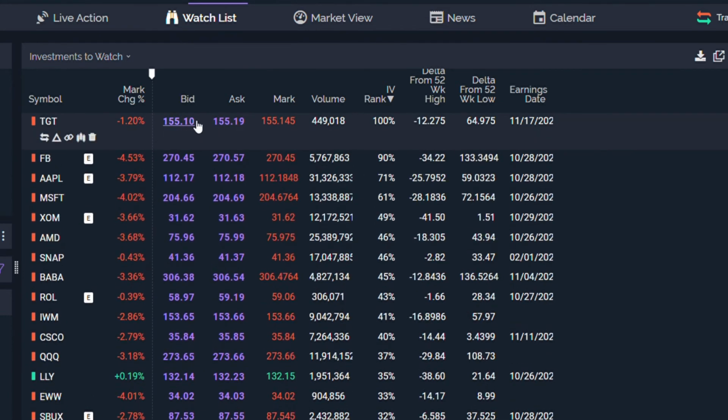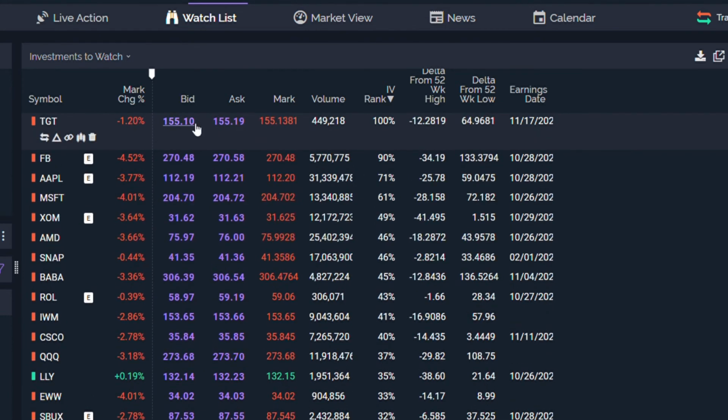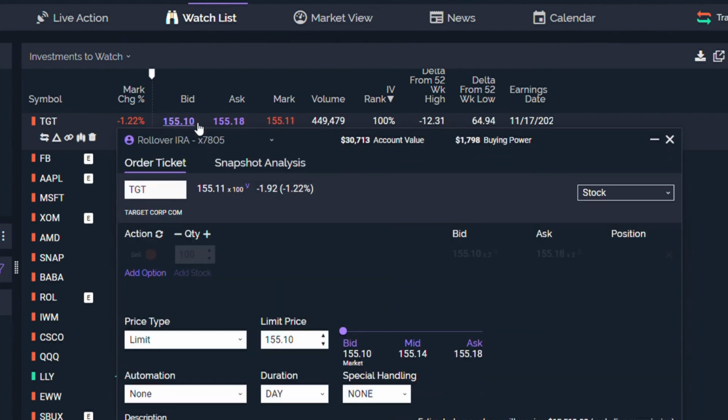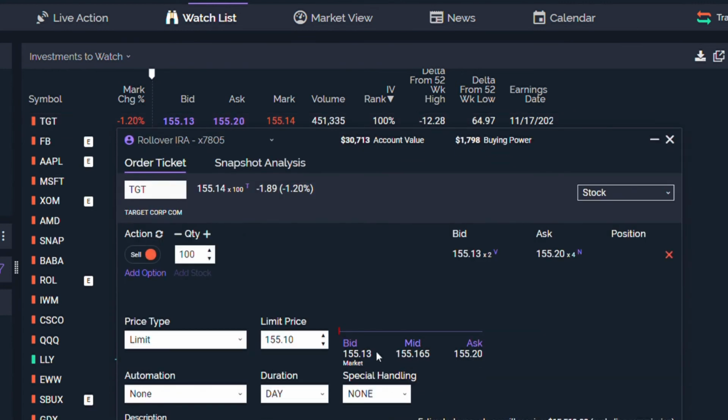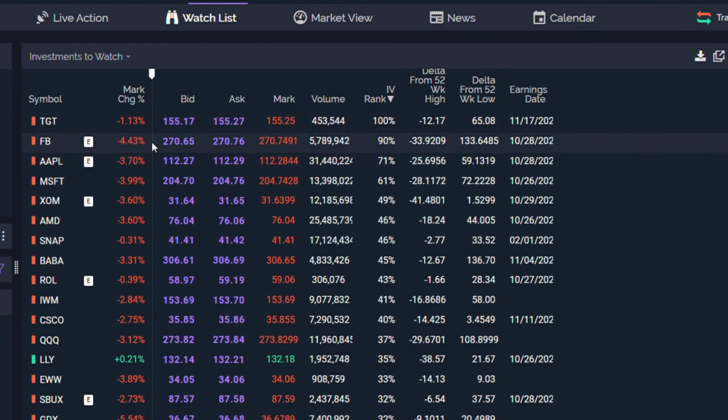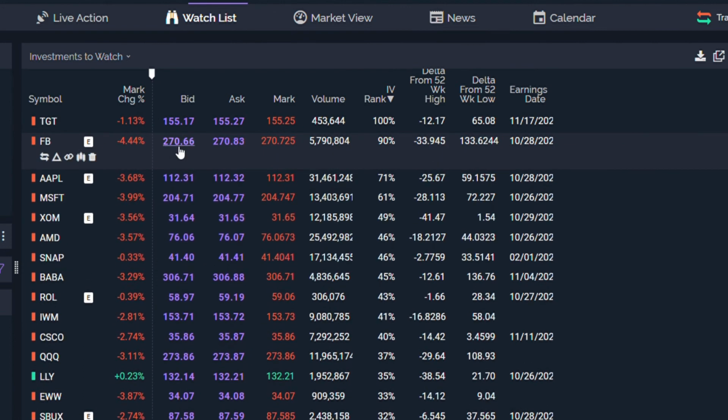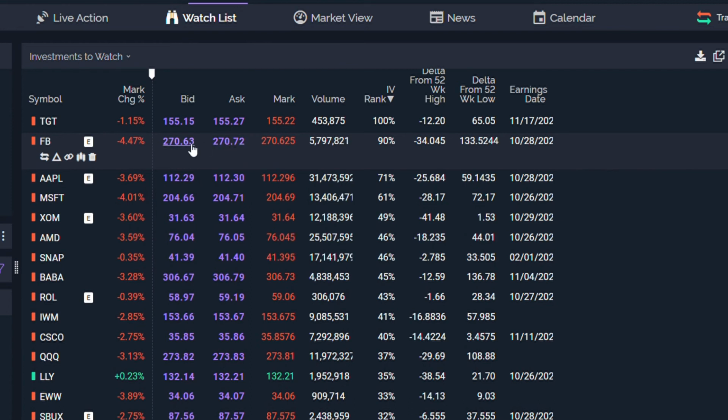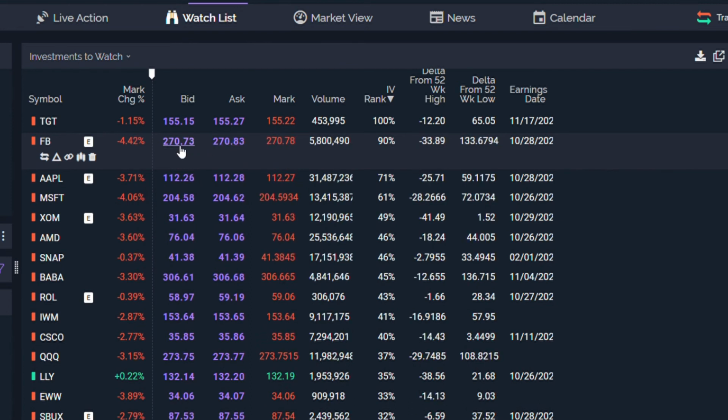It's got a spread of 9 cents. We can go in here, so the mid is like 155.19. So there's a little bit of a spread in Target. The spread in Facebook is like, what is that, 10 cents right now? That's really not a big deal if you're selling options on Facebook.